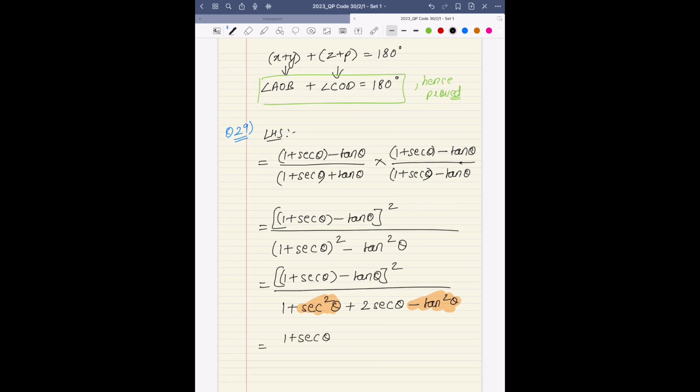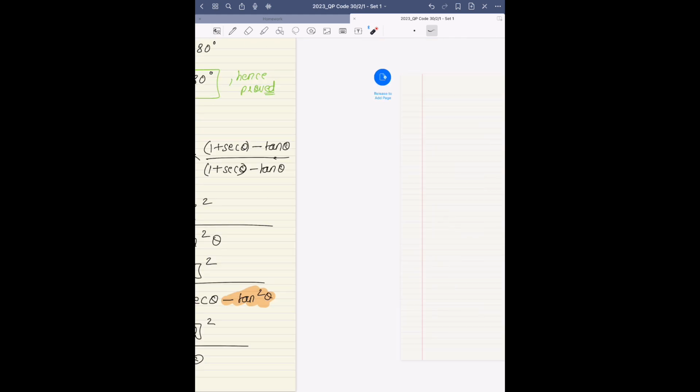Let's write it. Continue copying this. This will be a little lengthy because it's a good question. So 1 plus 1. I'm highlighting this to show you that this is the product of sec square theta minus tan square theta, plus 2 sec theta remains as it is. 1 plus 1 becomes 2. So you get 2 plus 2 sec theta.